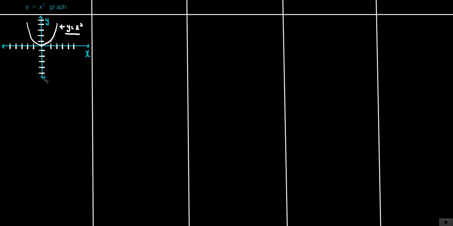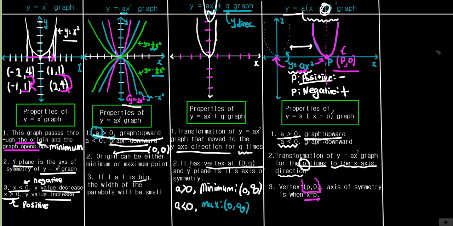So let's think about two examples of the y is equal to a times x minus p squared graph, one where the value is positive and one where it is negative. First, x minus 2 squared is equal to y, and the other one is y is equal to negative x plus 4 squared. These are my two examples.